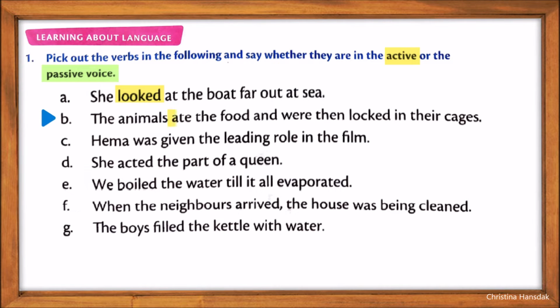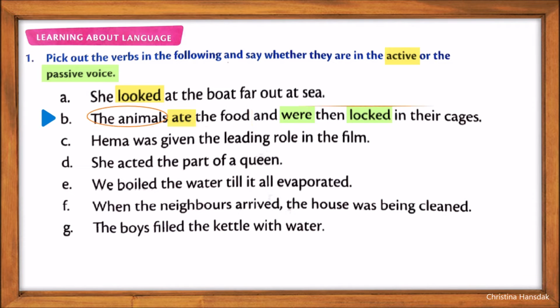Which are they? Ate and were locked. In this sentence, two parts are there. First part, the animals ate the food. The animals is our subject and they ate the food means here the action is described. Whose action? Animals' action. Means the verb ate is in the active voice.